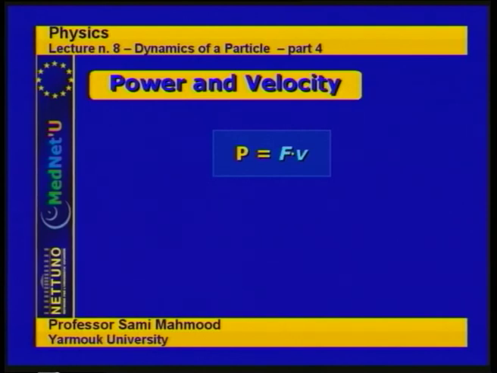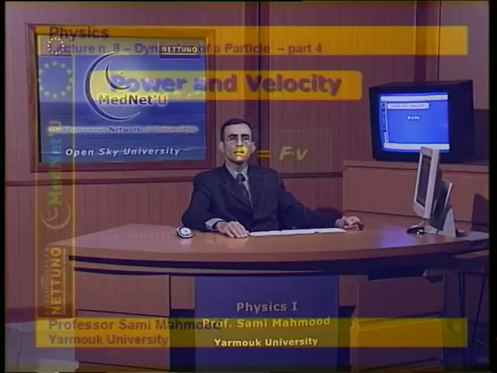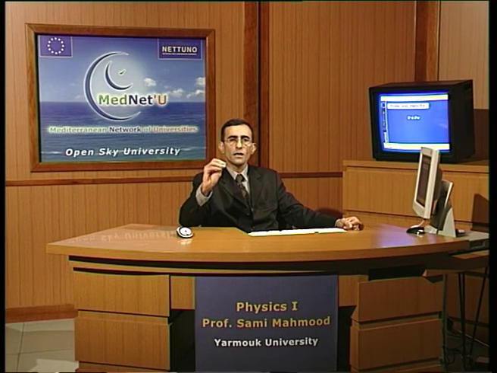F dot V is equal to the power, and this is the instantaneous power. That is the power at which moment the velocity of the particle is V, and at which moment the force acting on the particle is F, because during the course of the motion of the particle, both F and V could be changing. So at that moment where F is working and velocity is V, that is the instantaneous power.